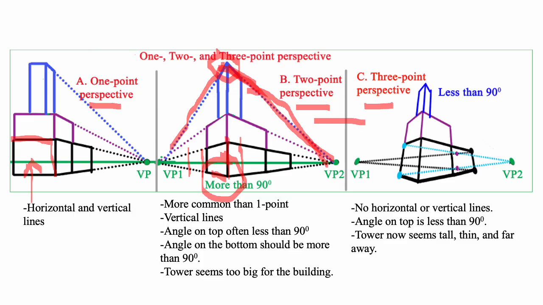Look what happens when we go into 3-point perspective. Now the tower seems thin and tall and far away and light. And we don't see any true horizontal or vertical lines. The only restriction is that this angle has to be less than 90 degrees.